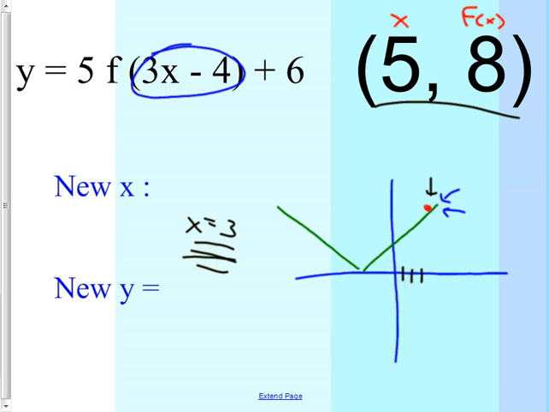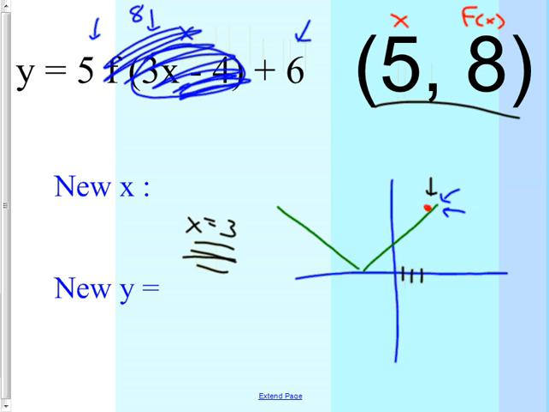We said that was like x, right? Then we take the stuff on the outside, and that's what we do to the y. So you put the 8 in right here, and we have 5 times 8 plus 6, which is 40 plus 6, which is 46. So my new point is 3 comma 46.